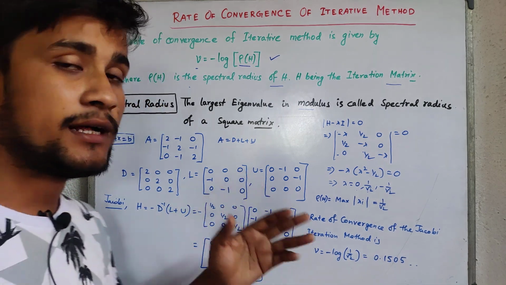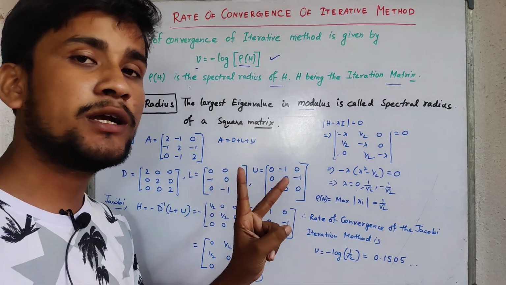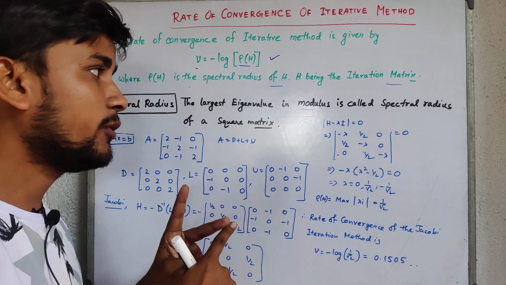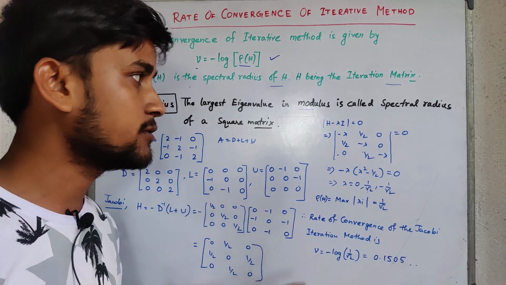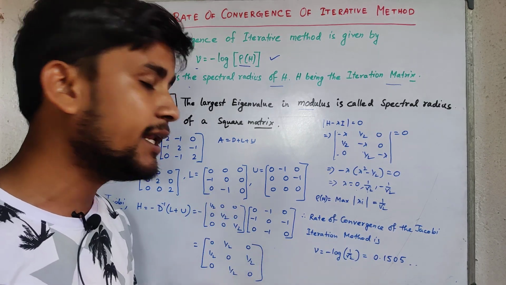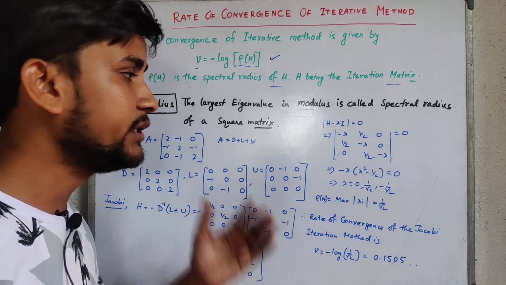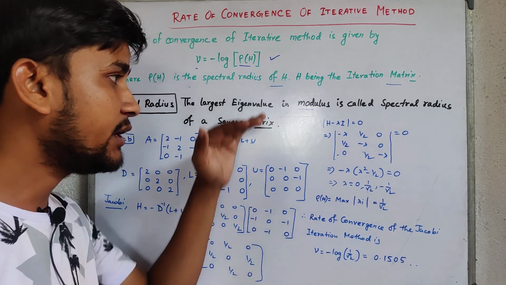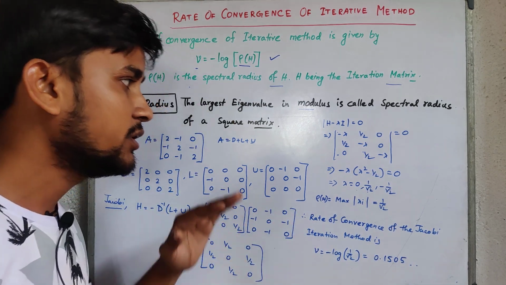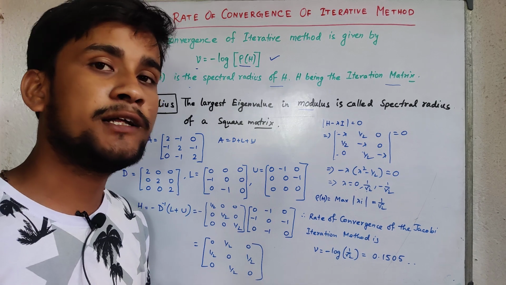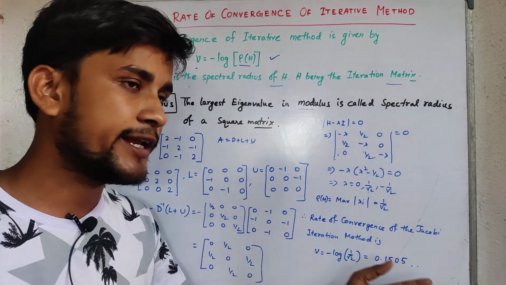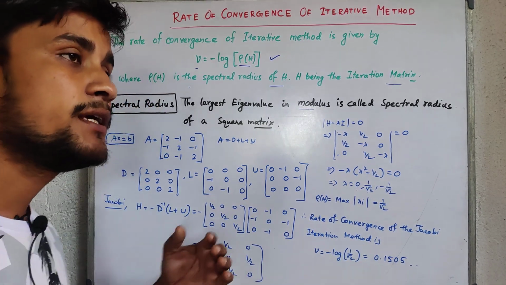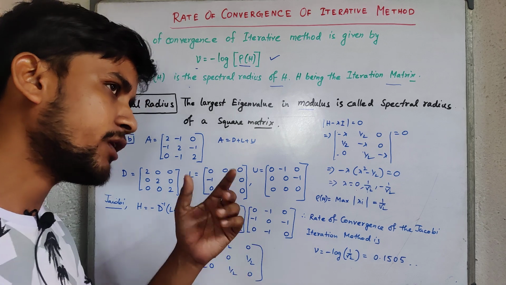Two videos on how to calculate the Jacobi iteration matrix and the Gauss-Seidel iteration matrix are already on my channel. I will share the link in the description. You can check those videos and get the complete procedure.